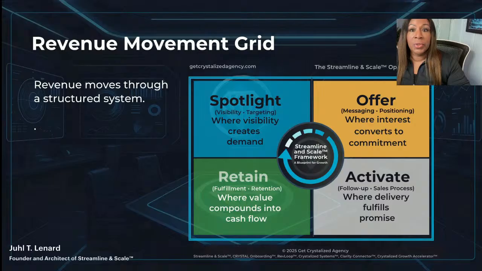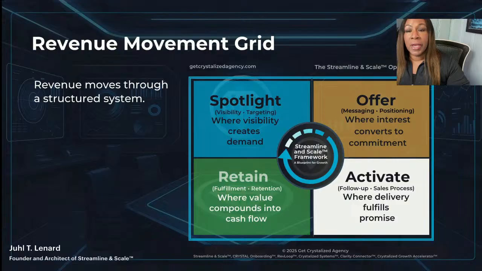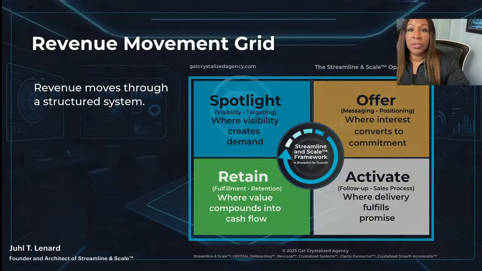Then we move to the Offer quadrant, where interest converts to commitment. From there, we move to Activate, where we fulfill the promise of delivery. And finally, we move over to Retain, where the value compounds into cash.